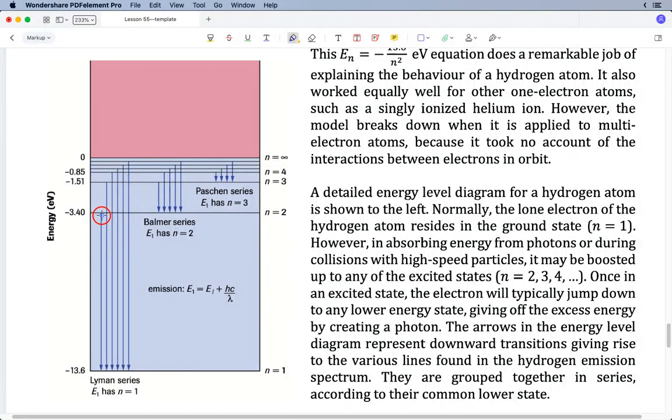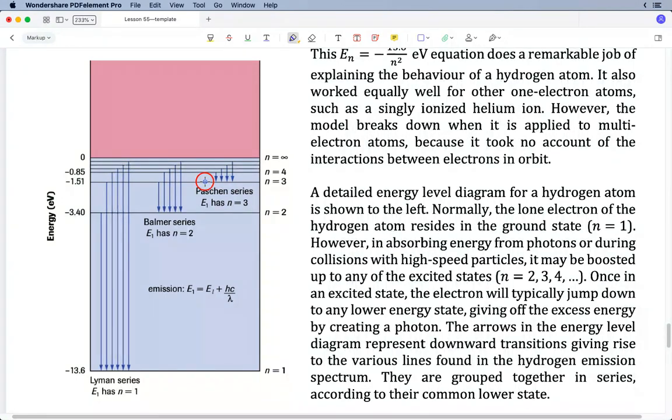As a general rule, photons in the ultraviolet part of the spectrum have more energy than photons in the visible part, because ultraviolet photons have a higher frequency than visible ones. And then the Paschen series is lower energy than the visible part of the spectrum. So the Paschen series, it turns out, are infrared photons that are emitted.